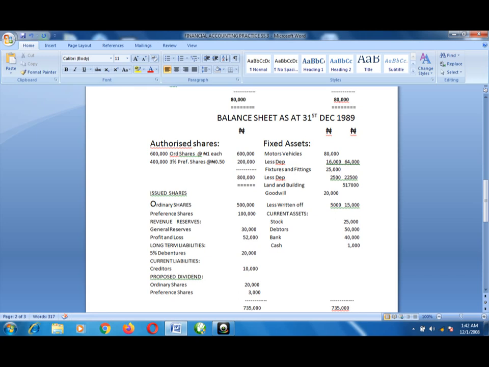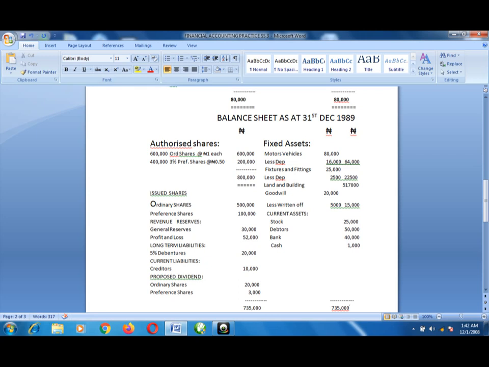The same thing applies to your liability side, which is the long term and the current liabilities. In case of any omission during the exam, you quickly do the adjustment. By the time you correct your workings, your account will be balanced. If your account does not balance, you find out the difference between the two figures, and you quickly go through the question again.